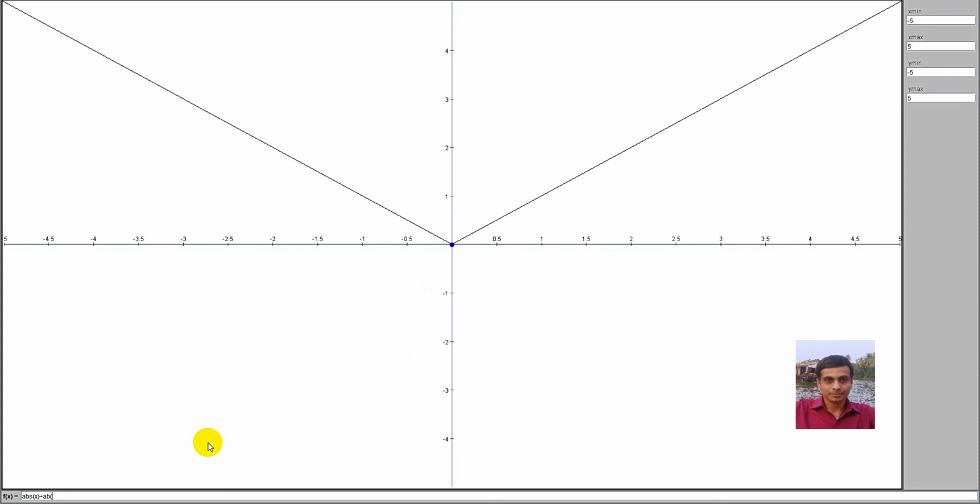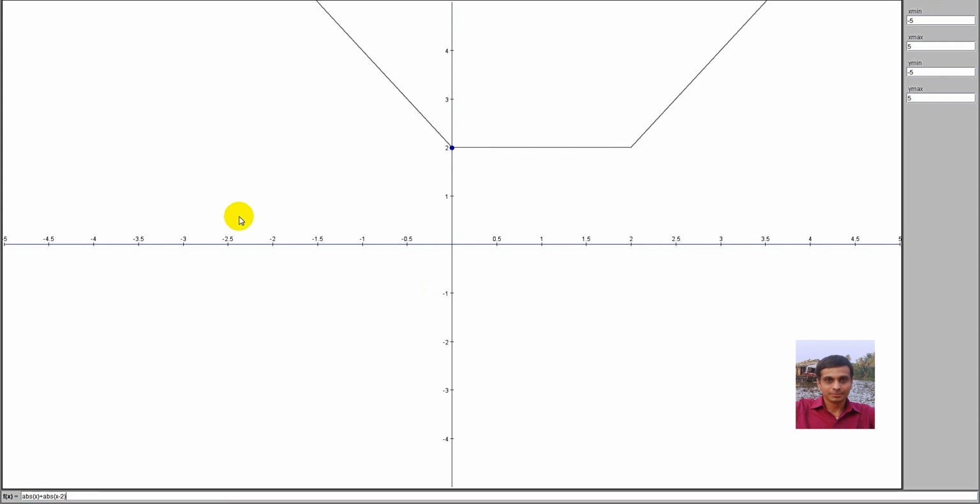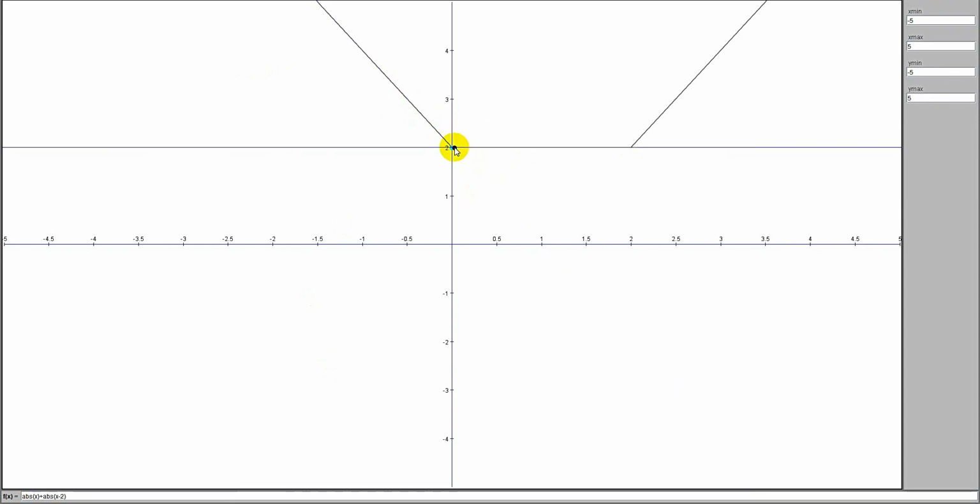Let us add a few points. Say I change the graph this time: absolute value of x, that is mod x, plus absolute value of x minus 2. Now this is the graph of mod x plus mod x minus 2. At this point and at the point x is equal to 2, there is a sharp turn and the function will not be differentiable, because a sudden change happens while achieving the limiting position of the secant line.